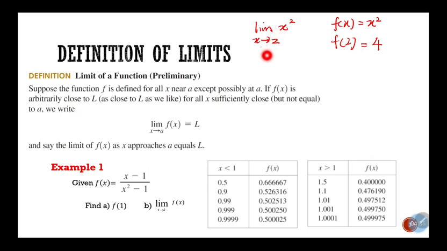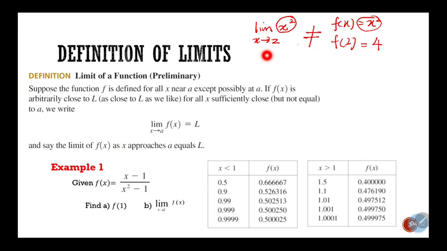It's just that x is approaching 2 of x squared. Sometimes this is the same, but sometimes it is not, depending on your function. We will clarify this more afterwards.